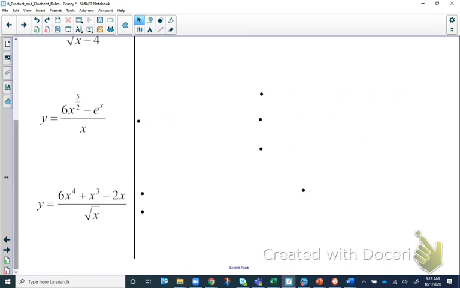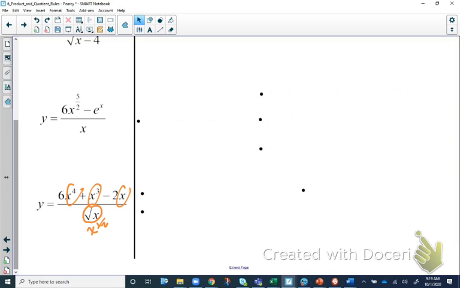And here, the last one, if I rewrite it, I'm going to look at the square root of x as x to the 1/2 power. That way I can simplify it with the x terms that are in the numerator.